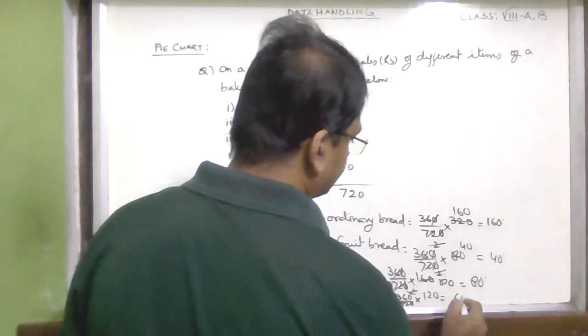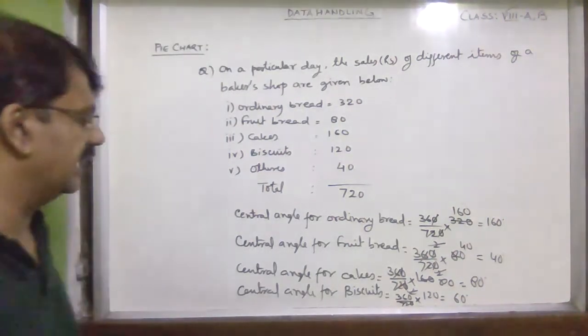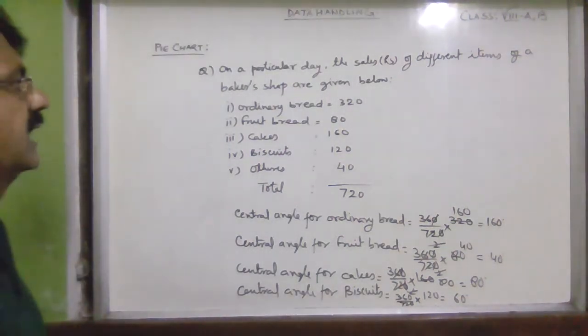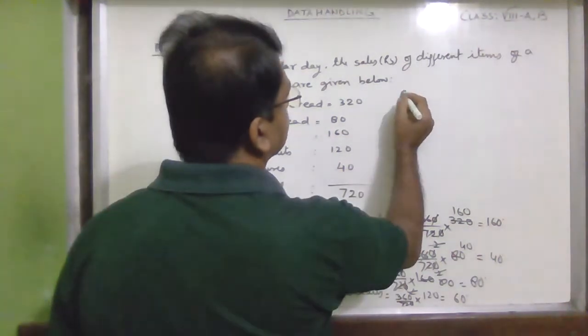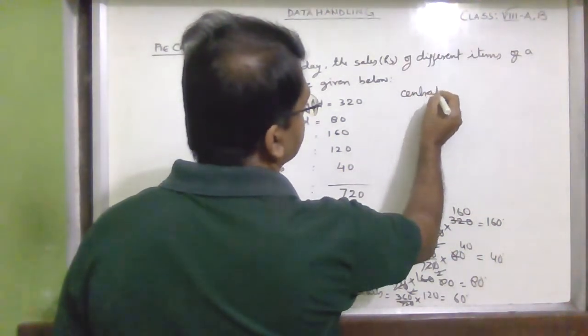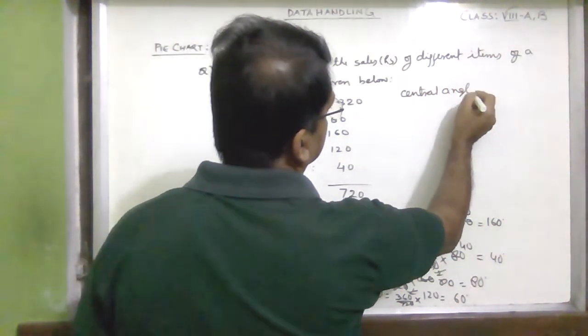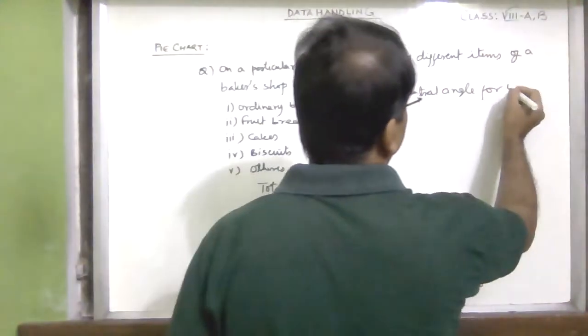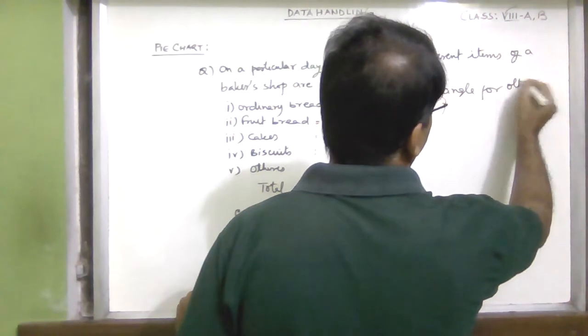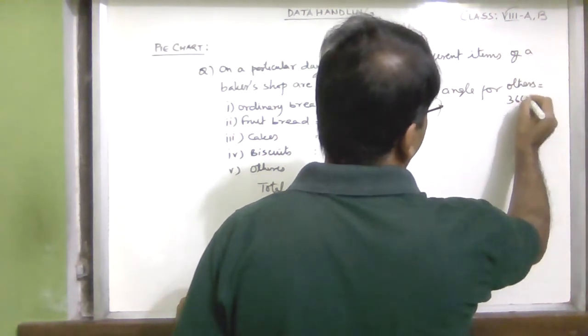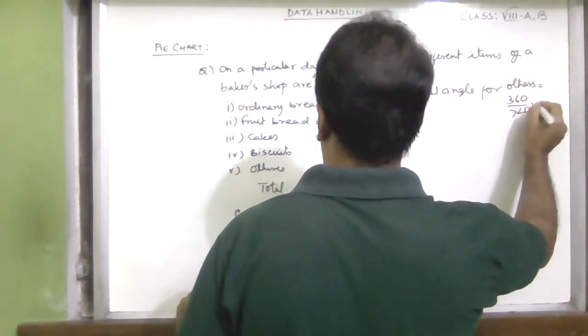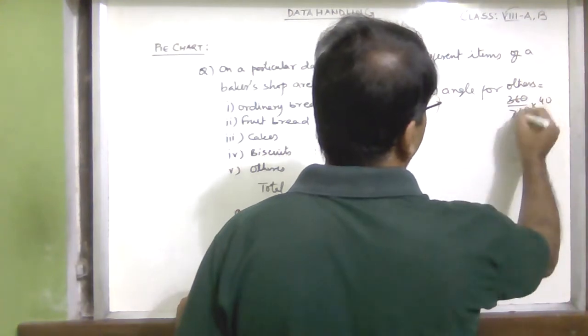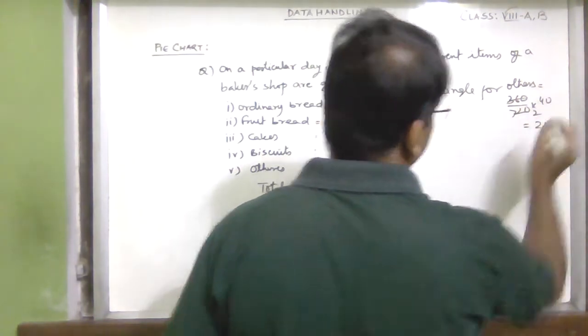When you solve, it is 60 degrees. And central angle for others: 360 upon 720 into 40, which is equal to 20 degrees.